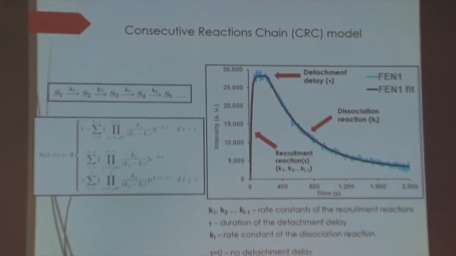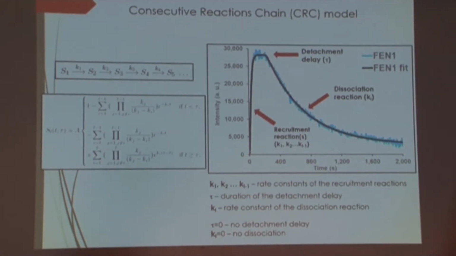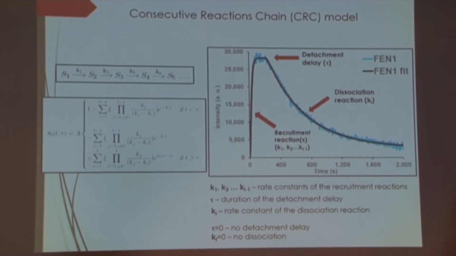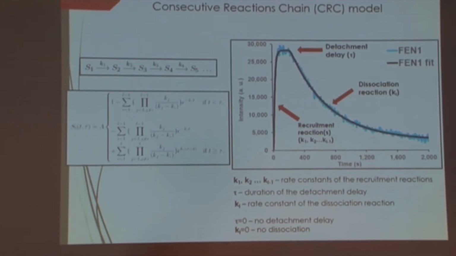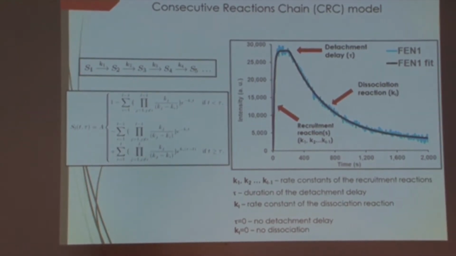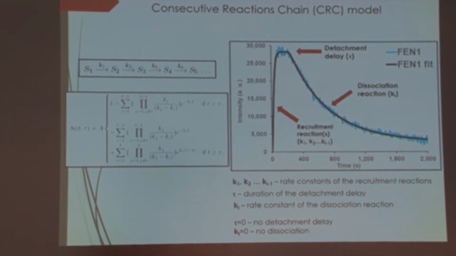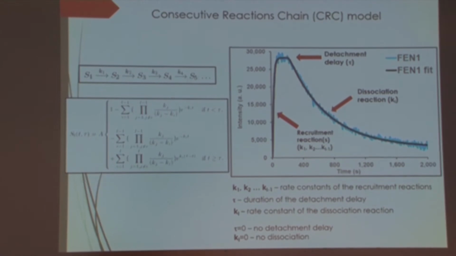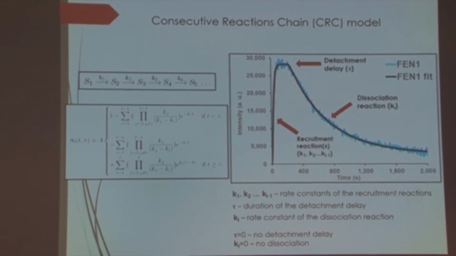We succeeded in obtaining intensity profiles for 70 proteins which are recruited to the site of complex DNA damage. We fit them to a consecutive reaction chain model, which represents protein dynamics as recruitment followed by several consecutive reactions, in which the protein stays for a given period of time and after that is removed from the site of DNA damage.